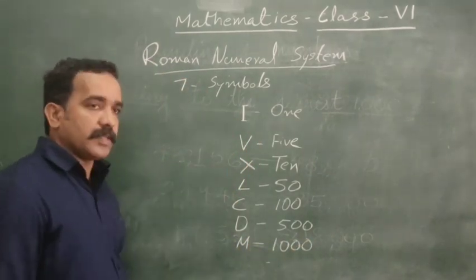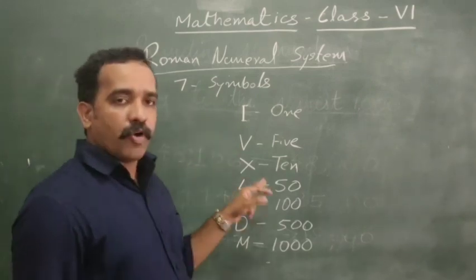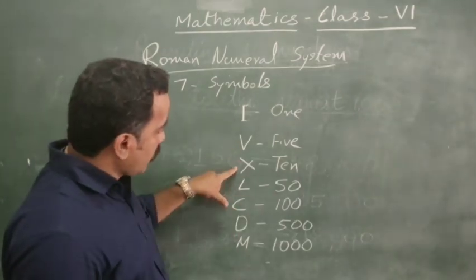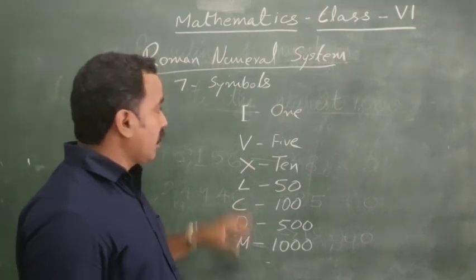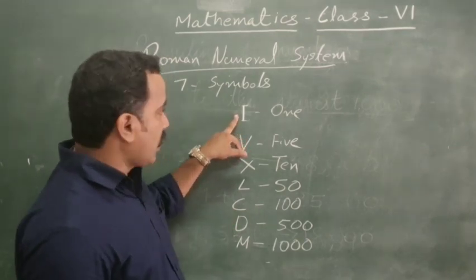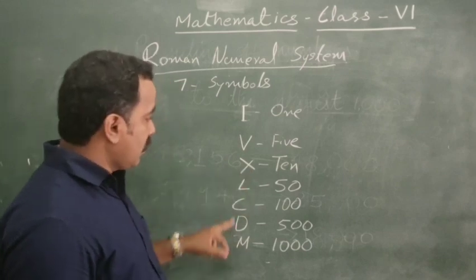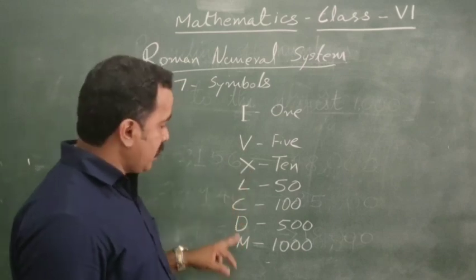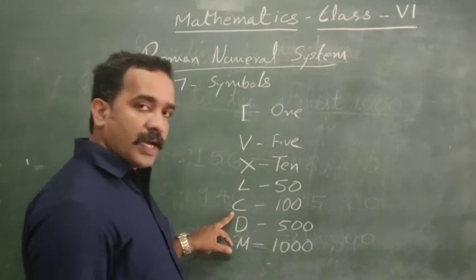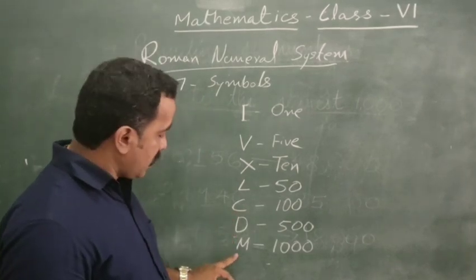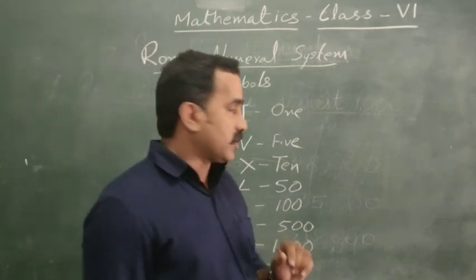These are the 7 symbols which we use in Roman numerals. I is 1, V is 5, X is 10, L is 50, C is 100, D is 500, M is 1000.